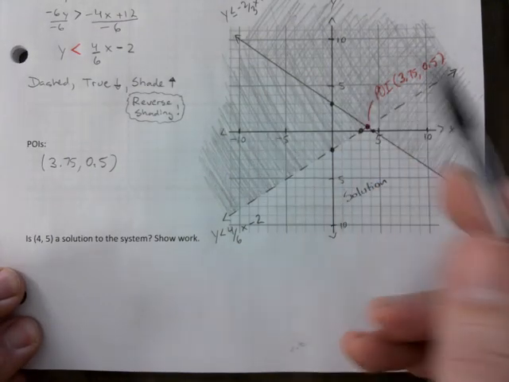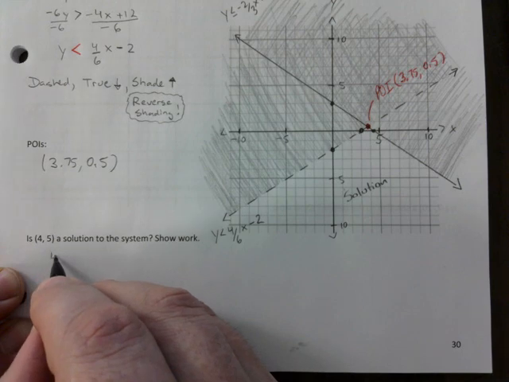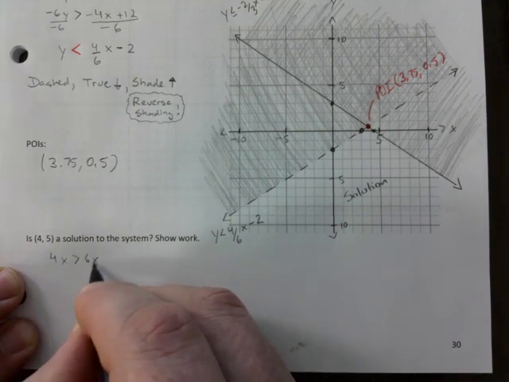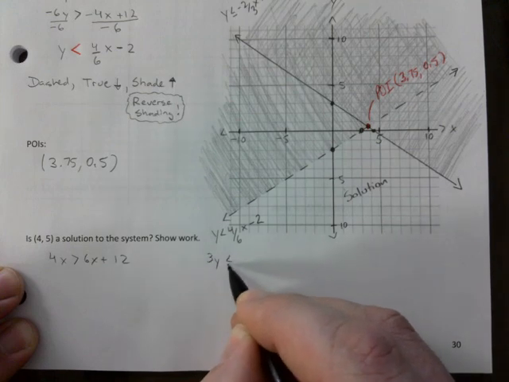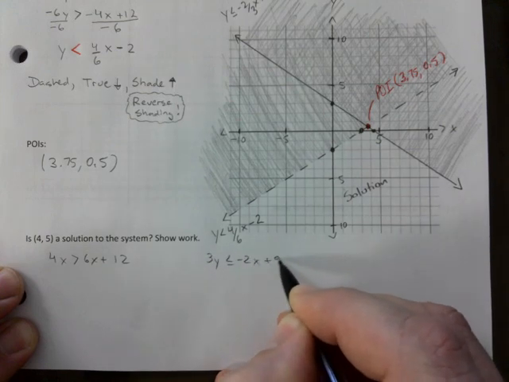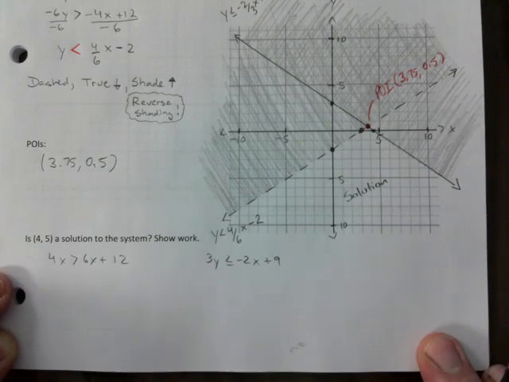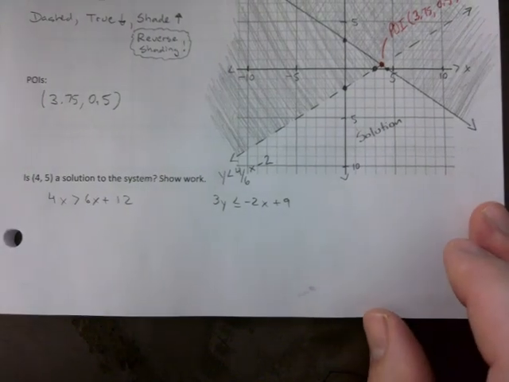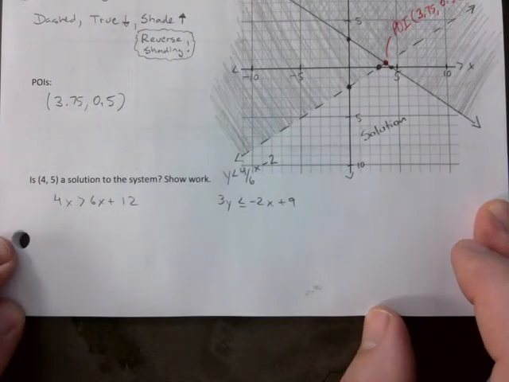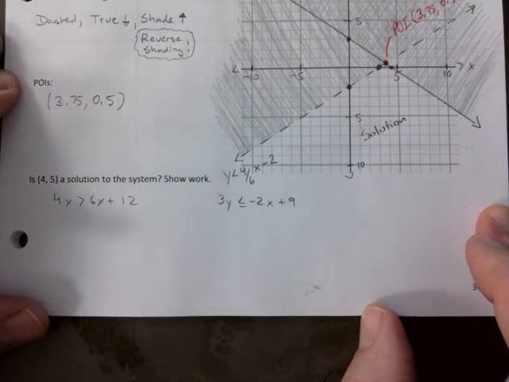But if you don't have a graph, you have to show it algebraically. So I take this one, for example, and I take the other one, because I most likely will not have a graph when I ask you a question like this. So what you need to do is plug in the x and y values and see if the statement is true. It has to be true for both of them.